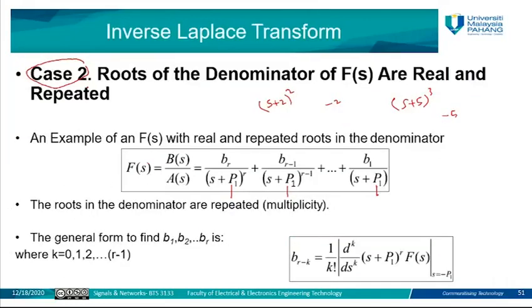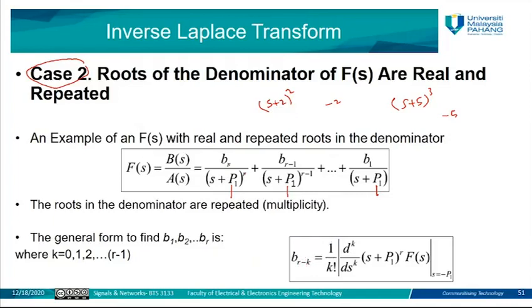But if you have only duplicated or repeated poles, in this case you need to apply this formula to simplify. B_R over (s plus p1), and here R represents the order. How to find the value of B_(R minus K)? K represents a counter here.